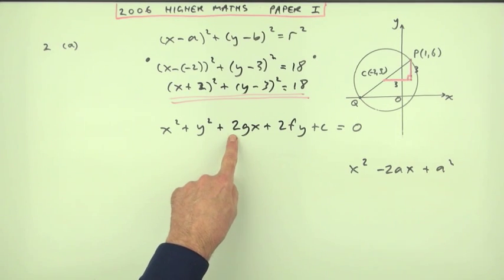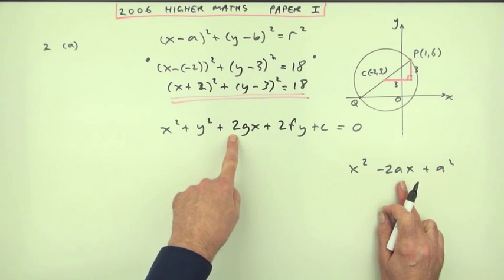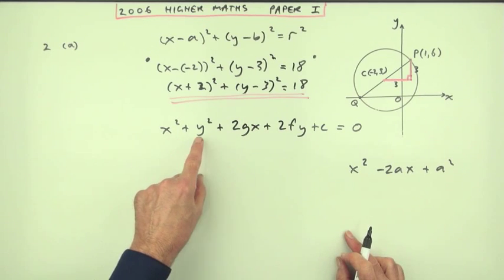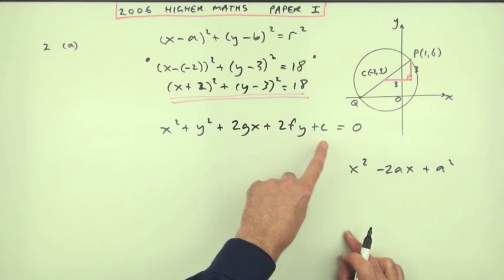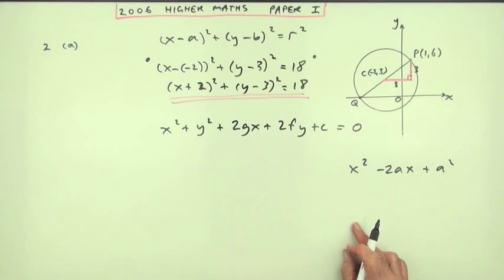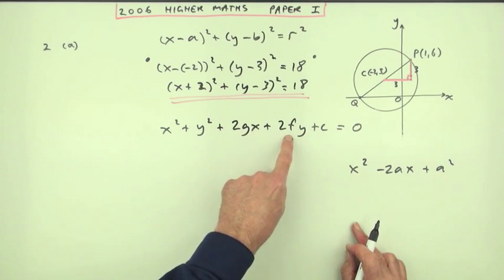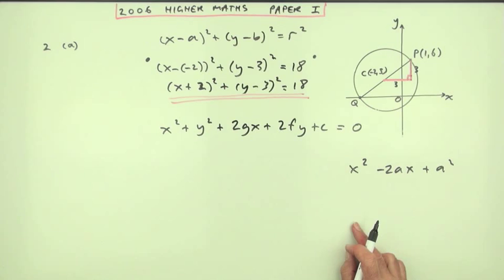The only difference with this form from this form, let's notice this form doesn't go x squared and y squared minus 2ax minus 2by plus c equals 0, which it could, it's gone for positives. It's just that those have got the opposite signs. You know the coordinates have been doubled. If you want the coordinates of the centre, you would just half these numbers and make them negative.